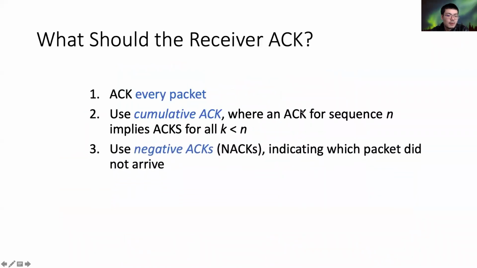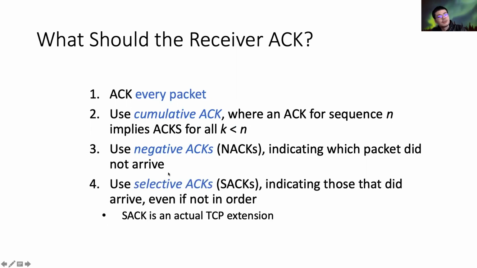It's a cumulative concept. When you have a sequence number n in the acknowledgement, it implies acknowledgement for all the sequence numbers, the bytes, less than n. You can also use a so-called negative acknowledgement, indicating which packet did not arrive. For example, you can say, hey, 5 is lost, it's not arriving.